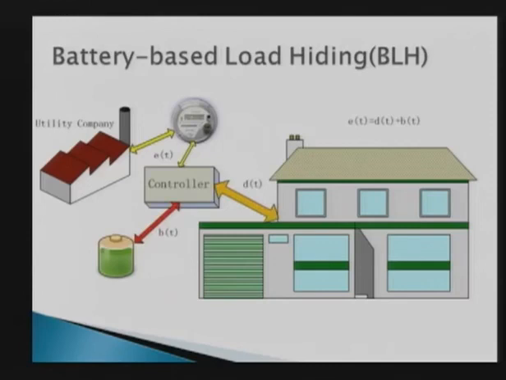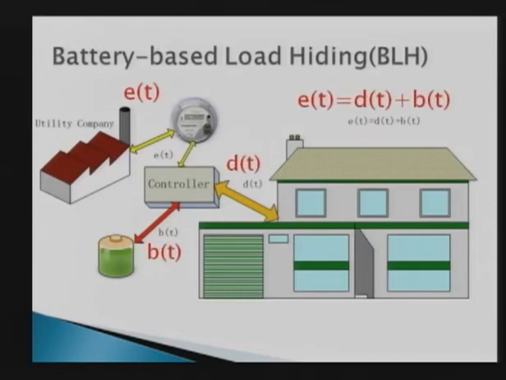Basically, the battery-based load hiding method means that we employ a battery to partially supply the net demand, which we call DT, in the house, altering the external load, which we call ET. This is what can be seen by the smart meter and also the utility company. So we have the equation ET equals DT plus BT, because all the energy must be accounted for.